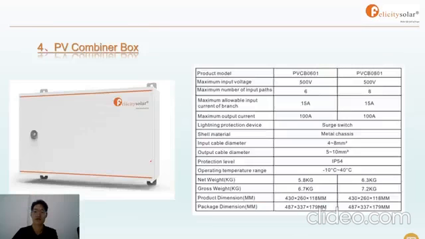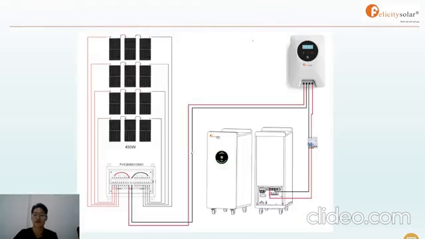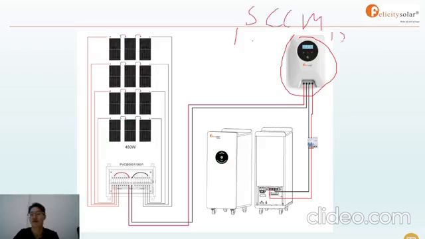Let's select the number. If you select the SCCM 120/48, which is the maximum, the maximum power is 6,600.